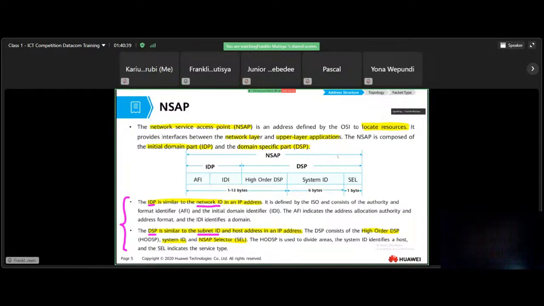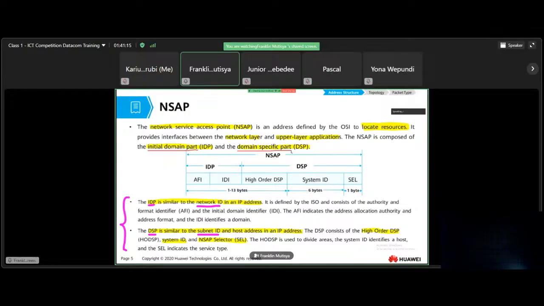The network service access point is composed of two parts: the initial domain part and the domain specific part. The initial domain part is similar to a network address in IPv4, so the network address correlates with the initial domain part of the network service access point.